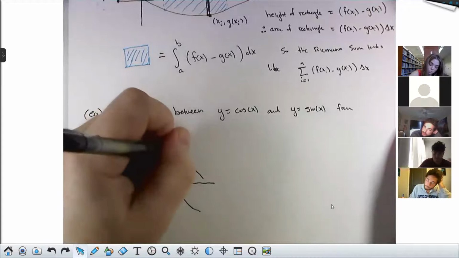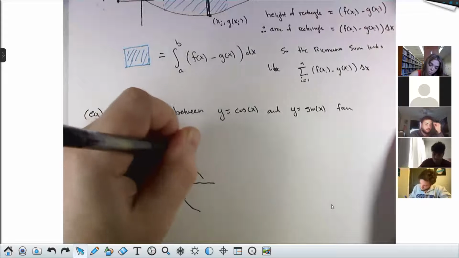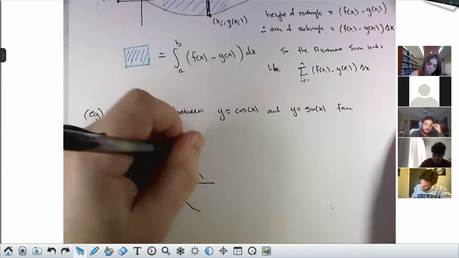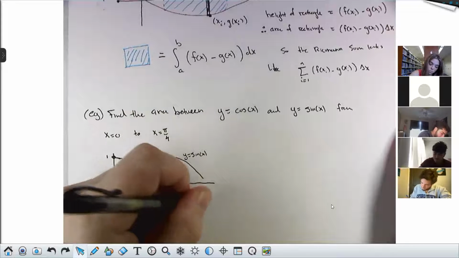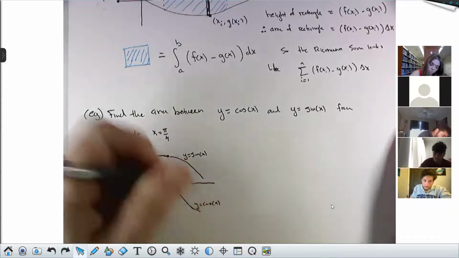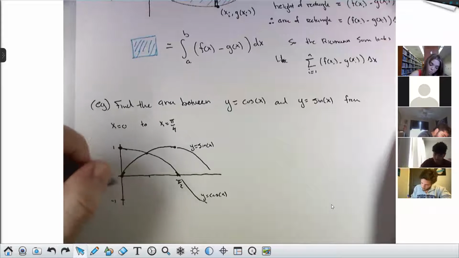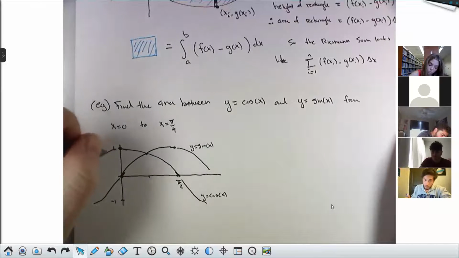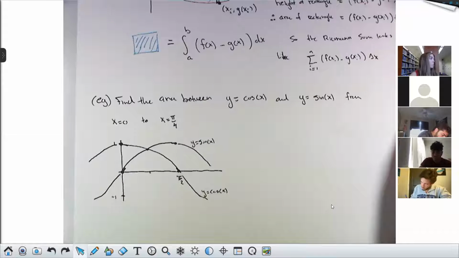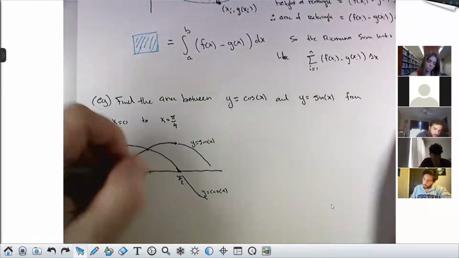So this is sine x. And this is y equals cos x. And I'm zoomed in just from 0 to pi over 2. You know, sine continues over here like this, cos continues over here like this. So the area I'm looking for here is from 0 to pi over 4.